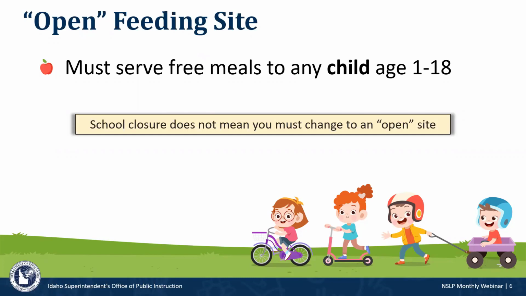But those of you who are doing an open feeding site must serve all children in the community ages 1 to 18 who are interested in receiving a meal. The open has nothing to do with whether or not the school building is open. It is just an open community feeding for children. If you need further clarification, please reach out to us so we can ensure that you are operating as you have elected this school year.